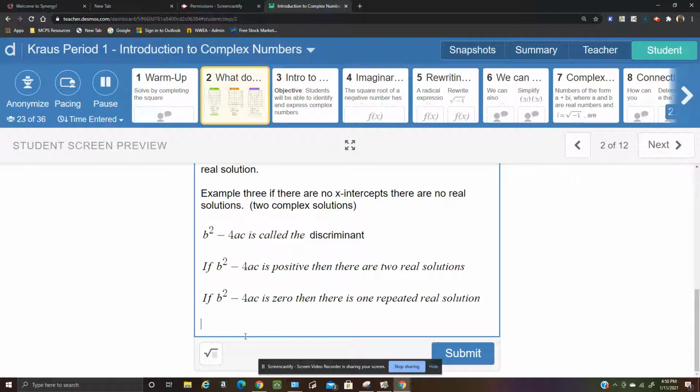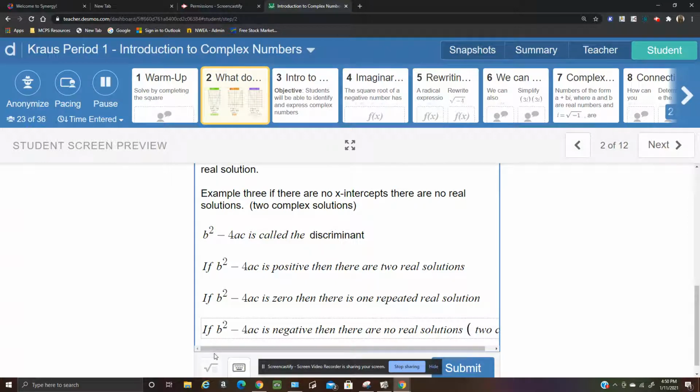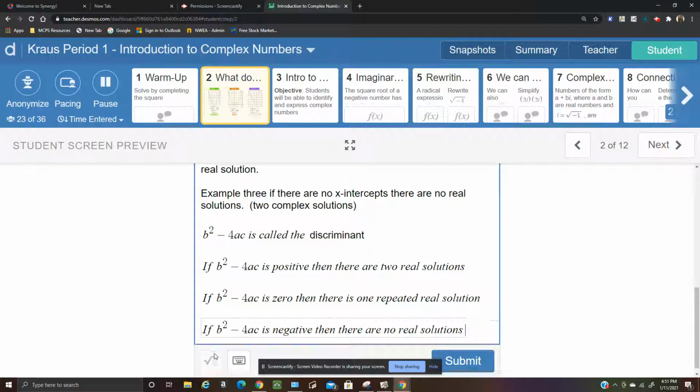And the last condition, if b squared minus 4ac is negative, there are no real solutions. There's going to be two complex solutions.